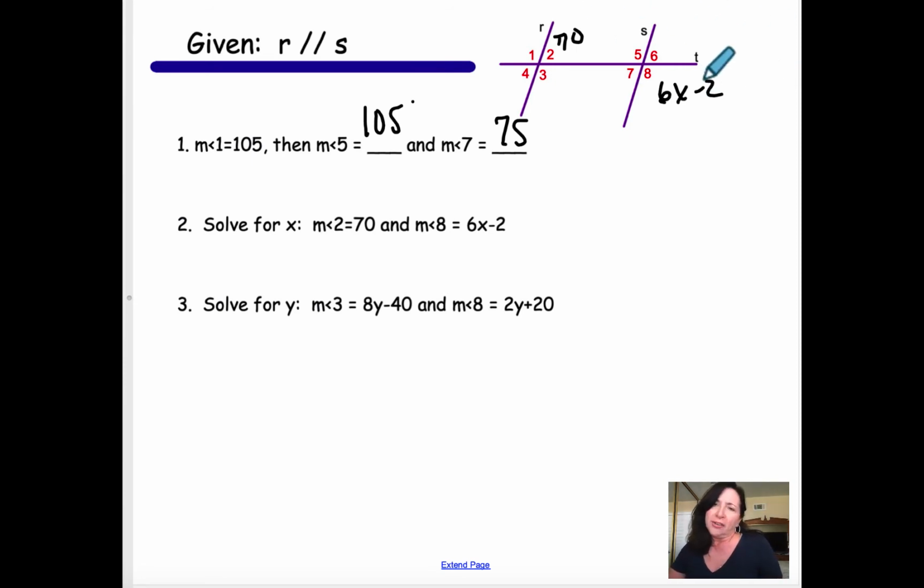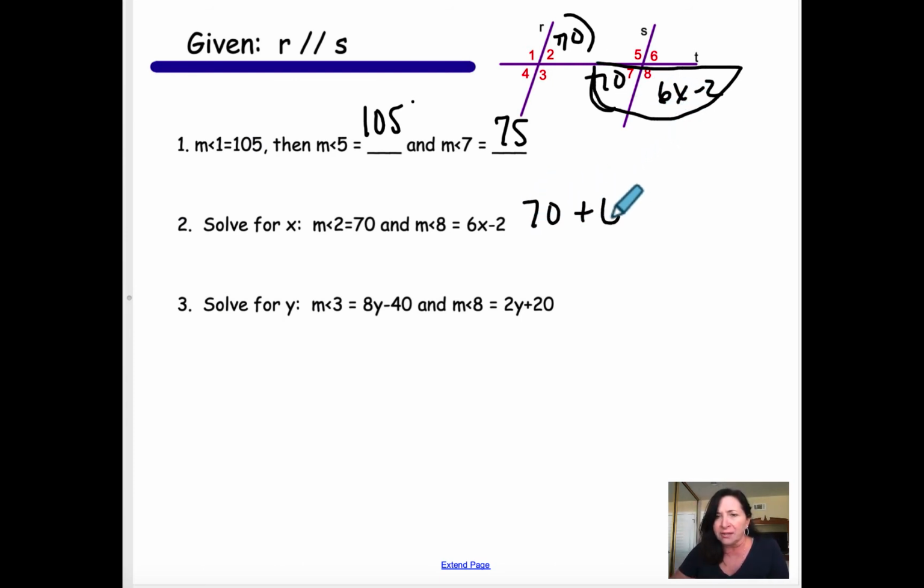So what I do know is this is 70 here, because those are alternate interior angles, right? And I do also know that these two angles right here add up to be 180. They're supplementary. So I can go 70 plus 6x minus 2 is equal to 180.